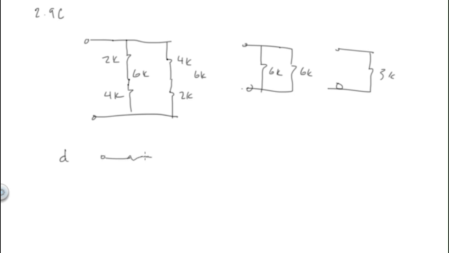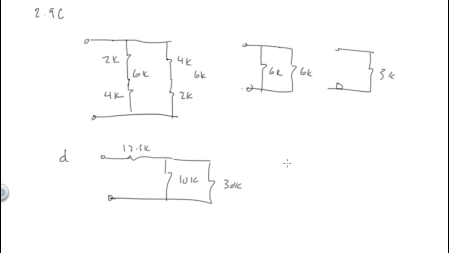12.5K. And then what? A 10 and a 30 in parallel. So what is a 10K and a 30K in parallel? Okay, it's the product over sum, right? 10 times 30 divided by 40 equals what? 7.5.